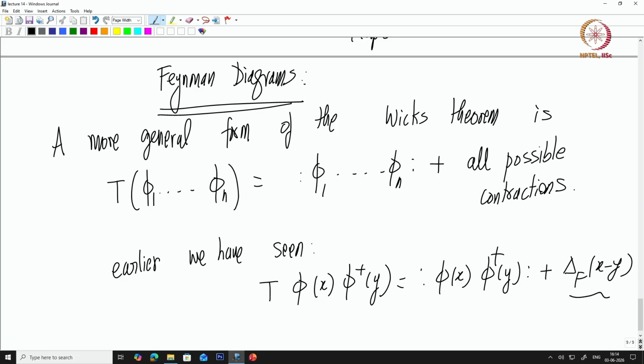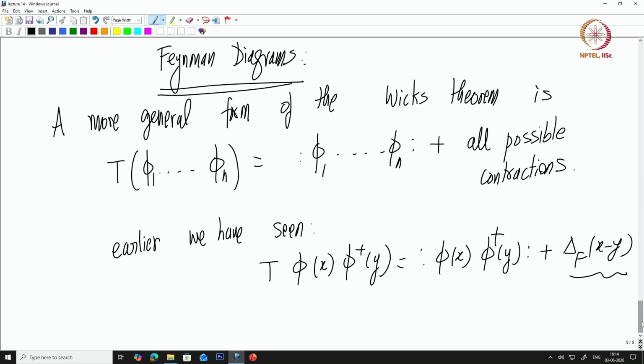This is nothing but your Feynman propagator. So we can define this as a contraction. The propagator is exactly like a contraction, a string of operators which we replace with a Feynman propagator.